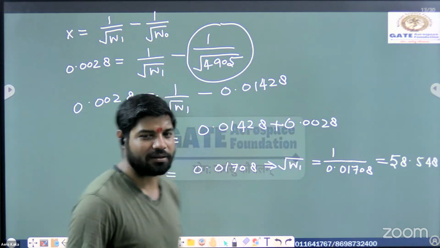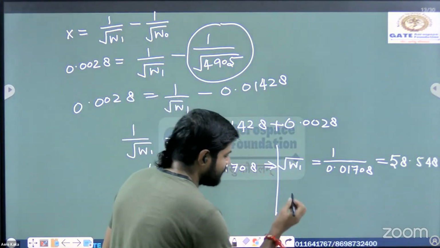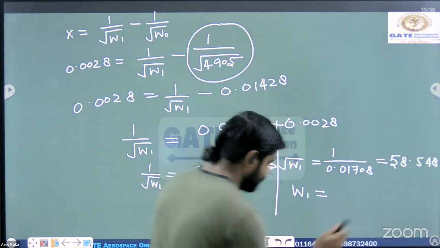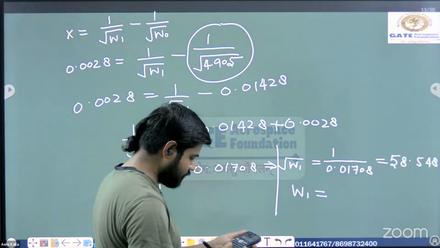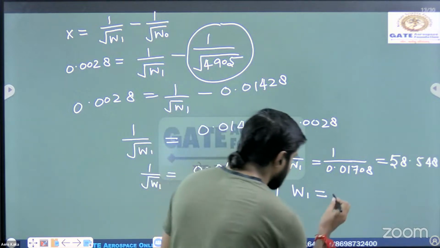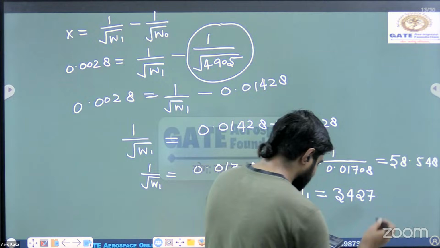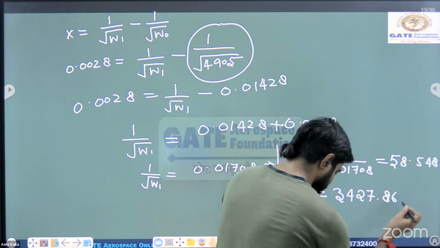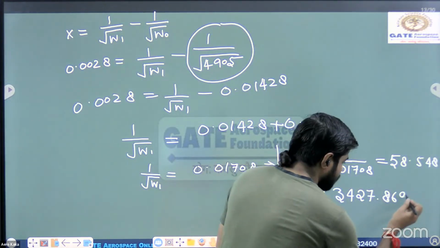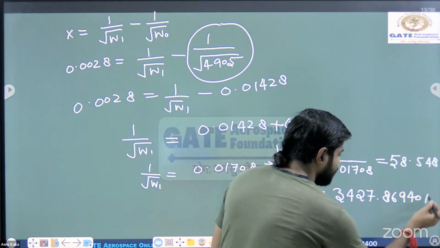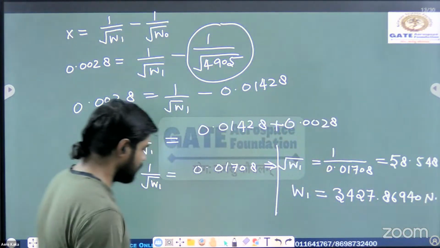So please don't do that. Just square on both the sides. What you will get? W1 is the square of this one, 3427.8694 Newton. So that's the value of W1.